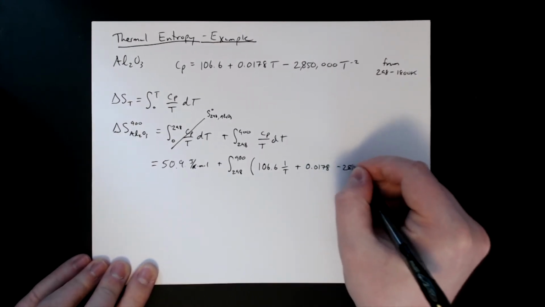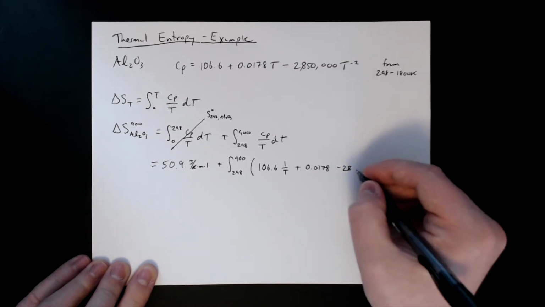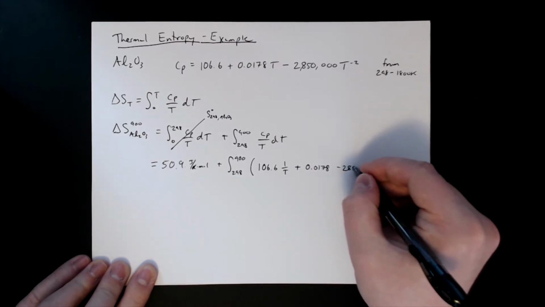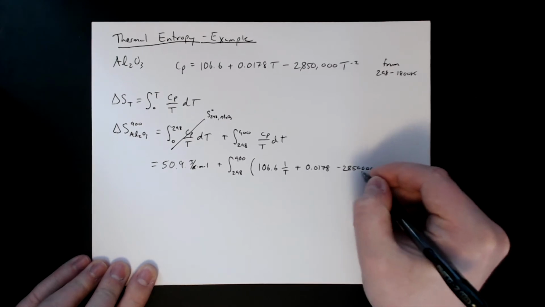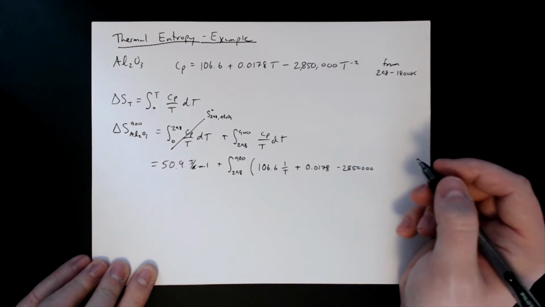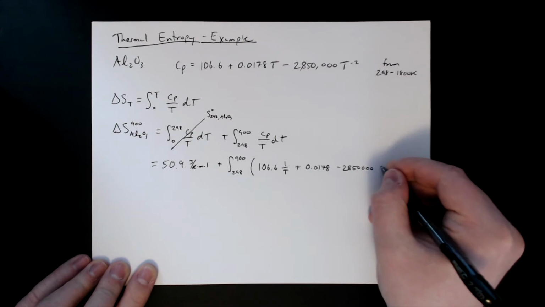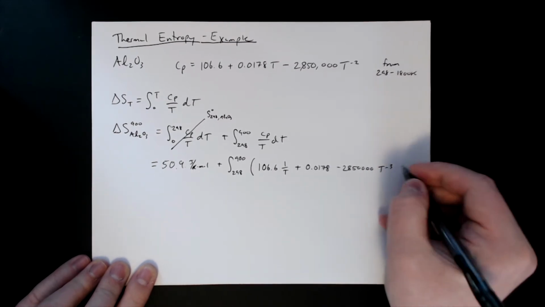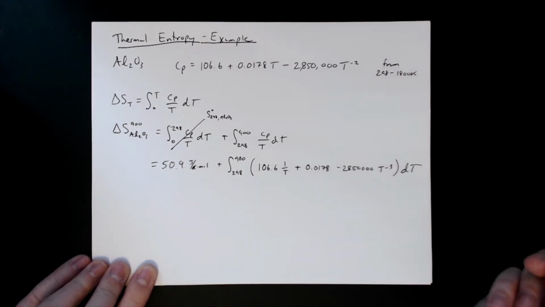And then the term down here, 2,850,000, hopefully I got the right number of zeros there, is going to be T to the minus 3 in that case, and this was all dT.